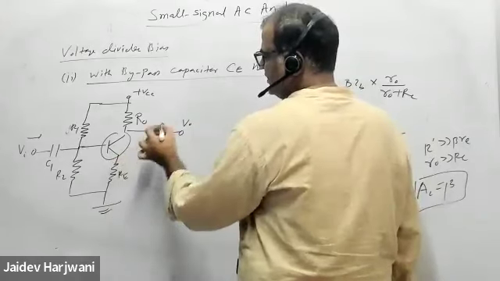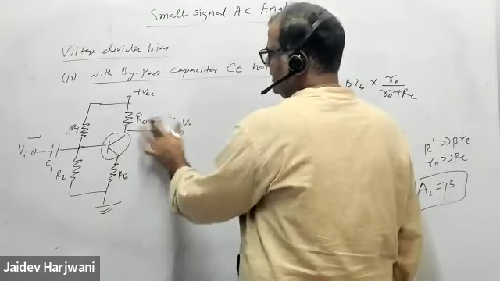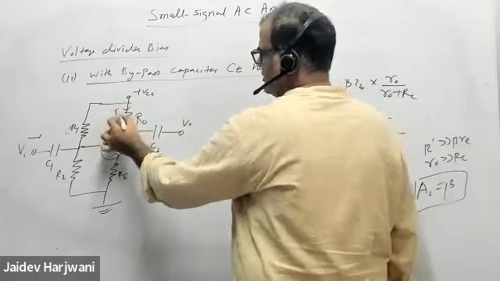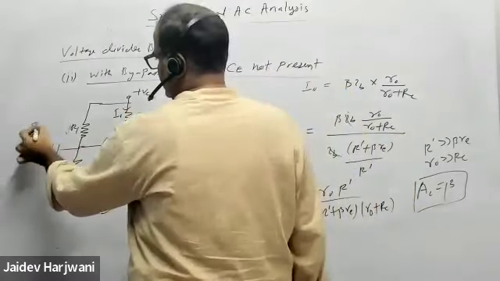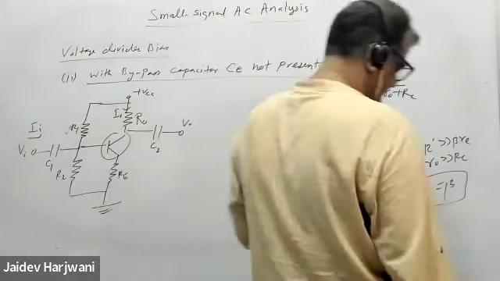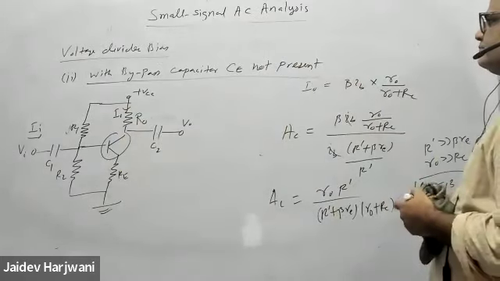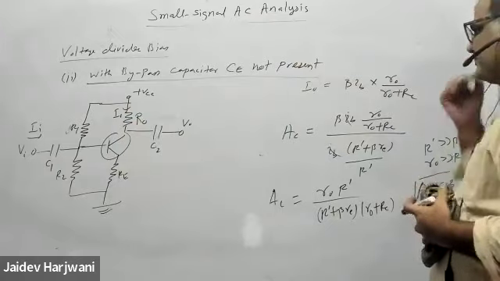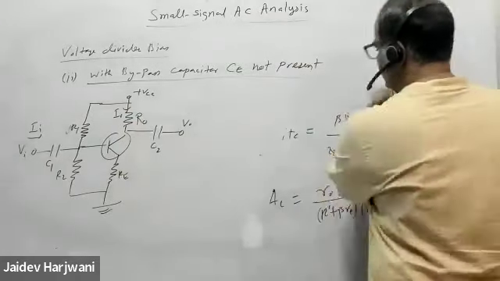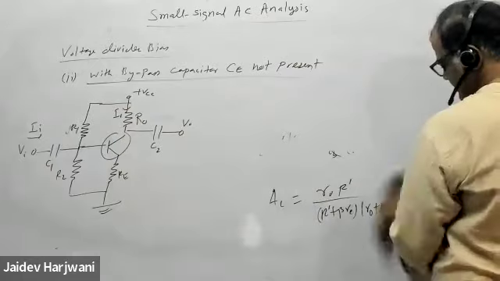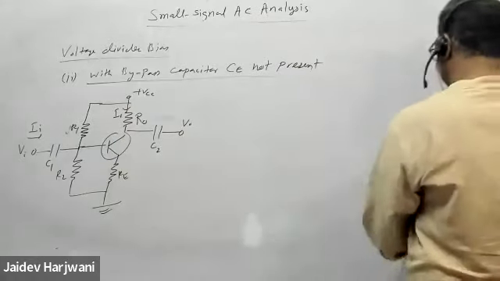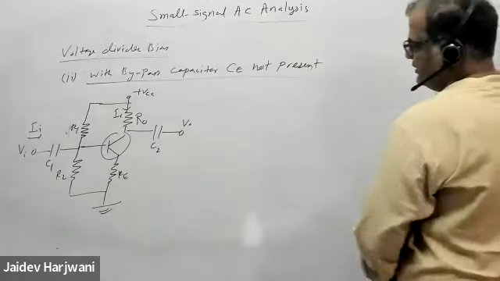Now this is not present. Here current is I0, and here current is I input. Draw the equivalent circuit and calculate all the 4 quantities. Almost the same quantities will come. There will be nothing much changed, only a little bit of change.